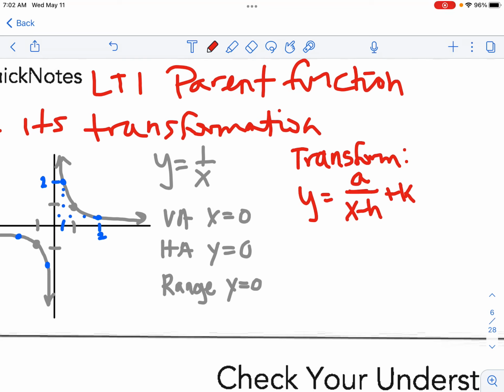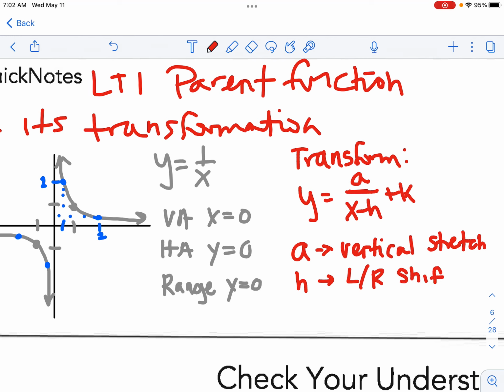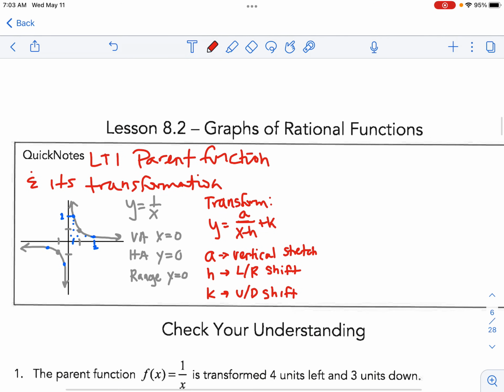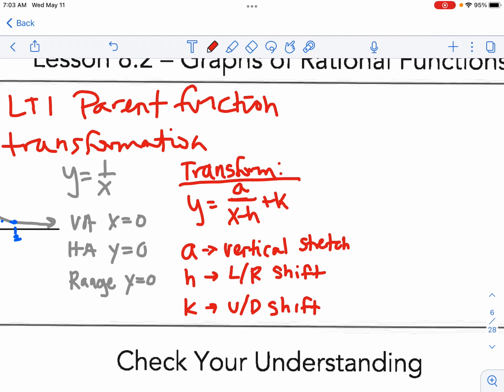So where a is that vertical stretch, and where h is the left or right shift, so it's the horizontal shift. I'm going to go L/R shift. And the k is the up/down shift, right? It's the vertical shift. So that's how we're going to transform it into this expression.